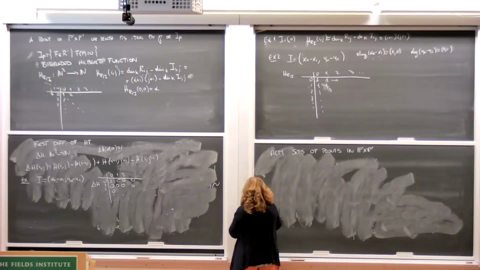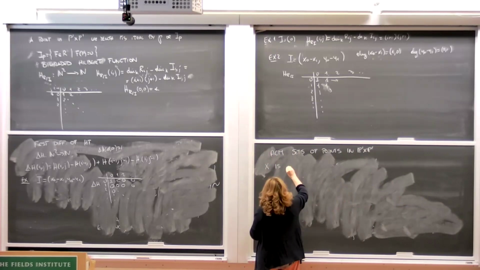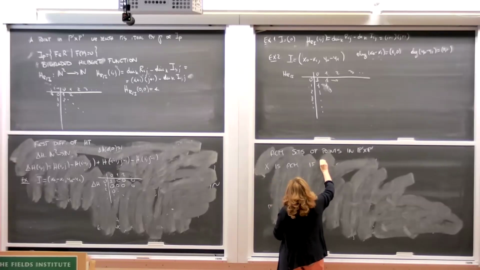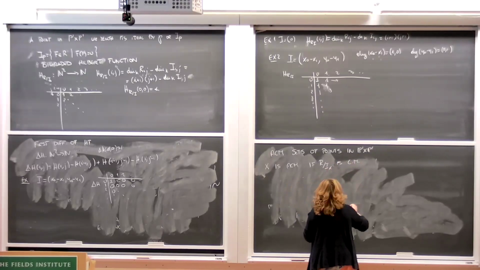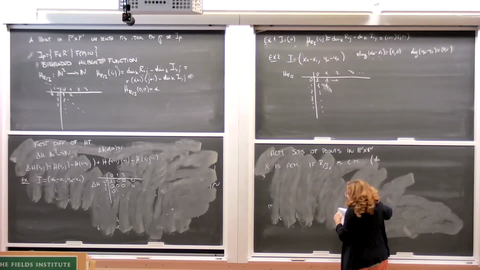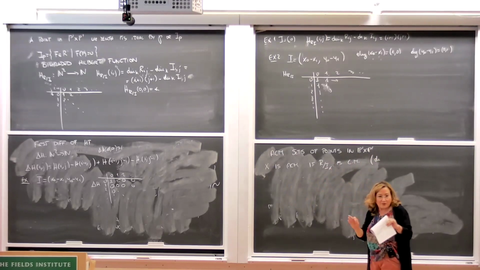So let's say X is an arithmetically Cohen-Macaulay scheme if R of Ix is Cohen-Macaulay. Just remember that even in this case there is no difference about the definition, okay?